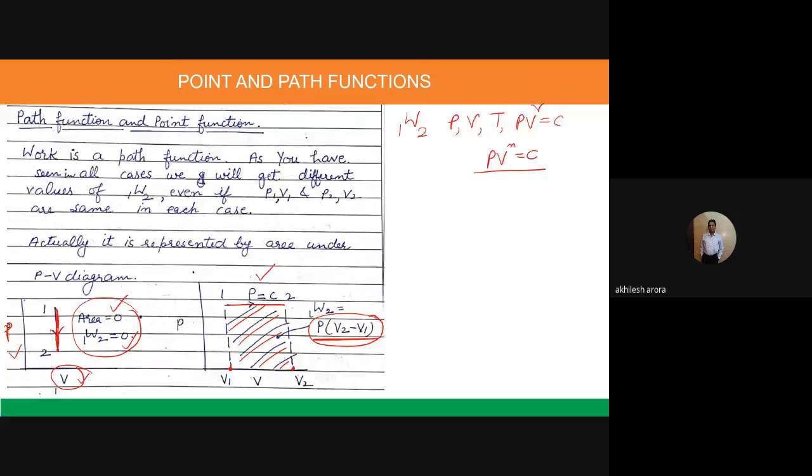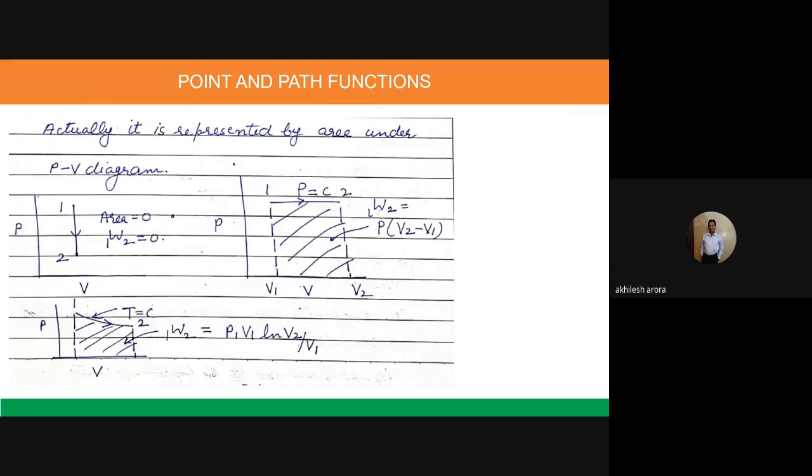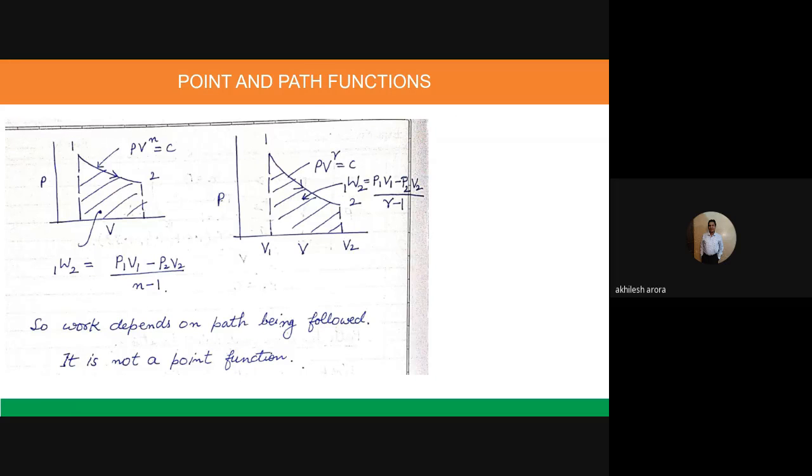If you think about a constant temperature process, the value of work is different. So what does it show? It shows something very peculiar. What is that? This is PV raised to power n is equal to constant. This is PV raised to power gamma is equal to constant. This is the value of work transfer for PV raised to power gamma.